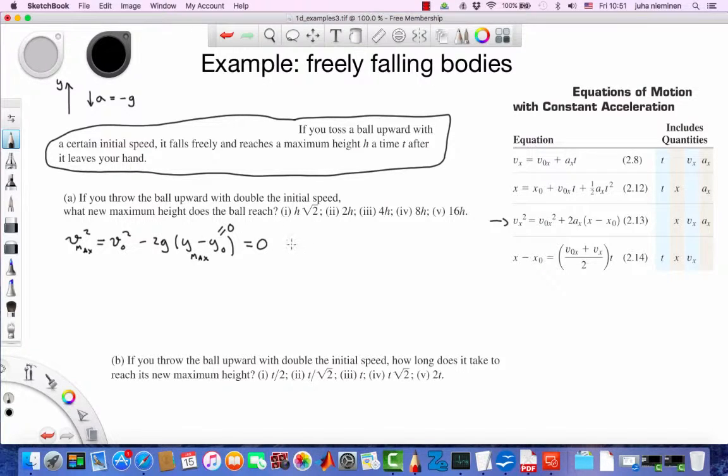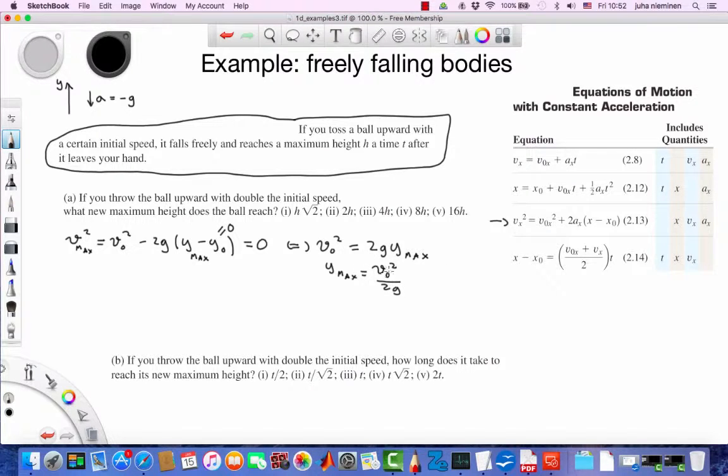So from here, let's arrange this a little bit. v0 squared equals 2g y max. Simply like that. And from here we can solve for y max. So it's v0 squared divided by 2g.